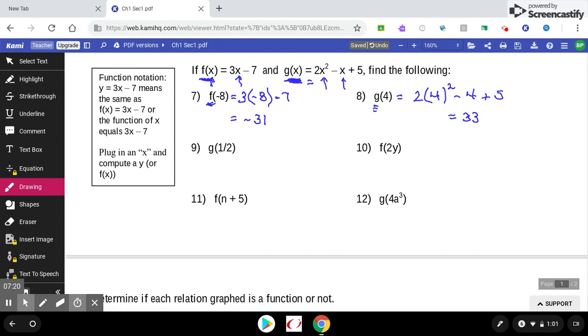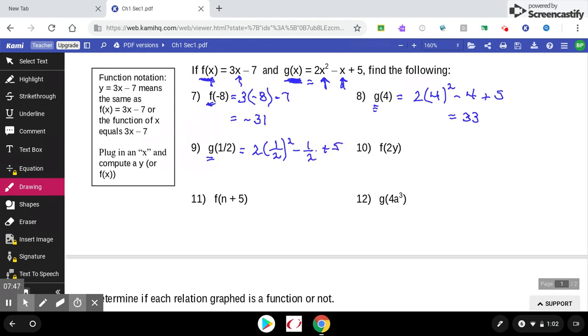So nothing to it. Number 9, g of 1/2. Hey, don't let a fraction scare you, especially if you have a calculator. But again, all I'm doing is plugging in right here in for the x in the g problem. So this letter is to tell you which problem to use. So 1/2, square it, -1/2, +5.